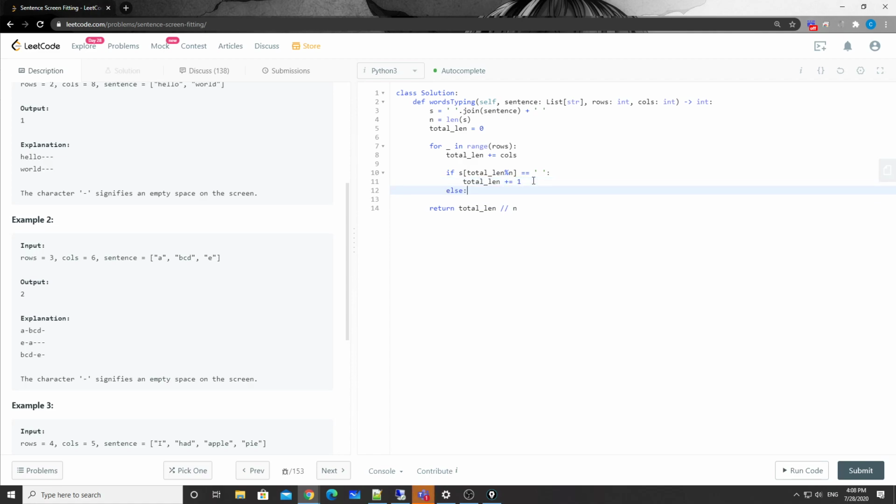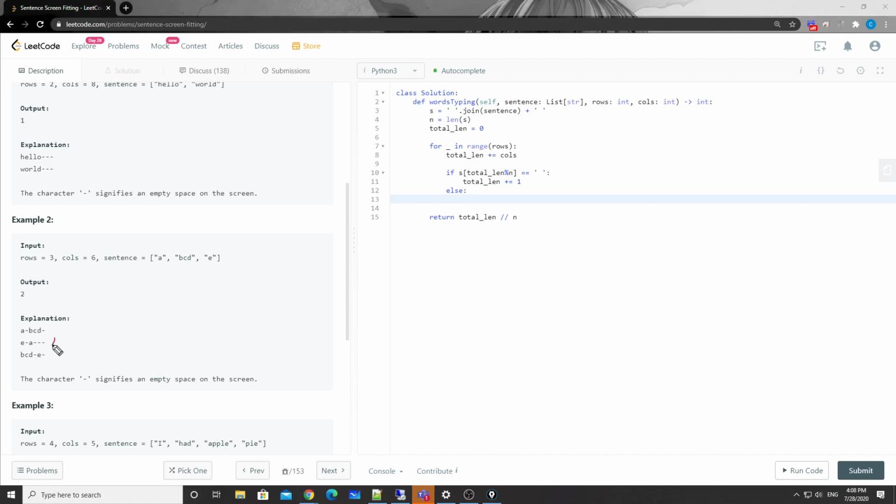And if this index is not zero, right? So basically, if this relative position is not empty, then we know okay we are right in the middle of a word. Basically, for example, in this case, it's going to be A, B, C, D, and we're at this position, maybe C here, right?